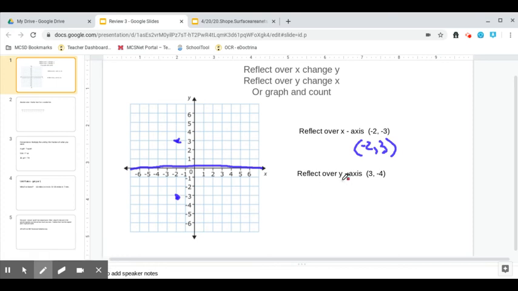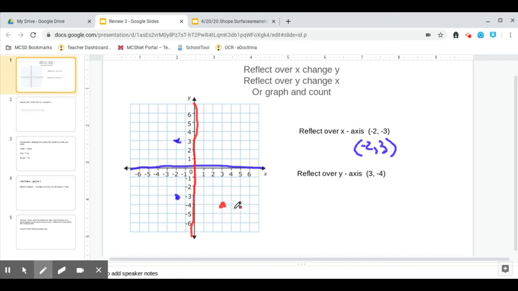We're going to reflect over the y-axis. So our y-axis is the up and down, the vertical axis. So we want to graph the point 3, -4, because we're going to flip that over the y-axis. So 3, -4. And I have this point right here. So I want to reflect it over y. So I am to the right of the y-axis.